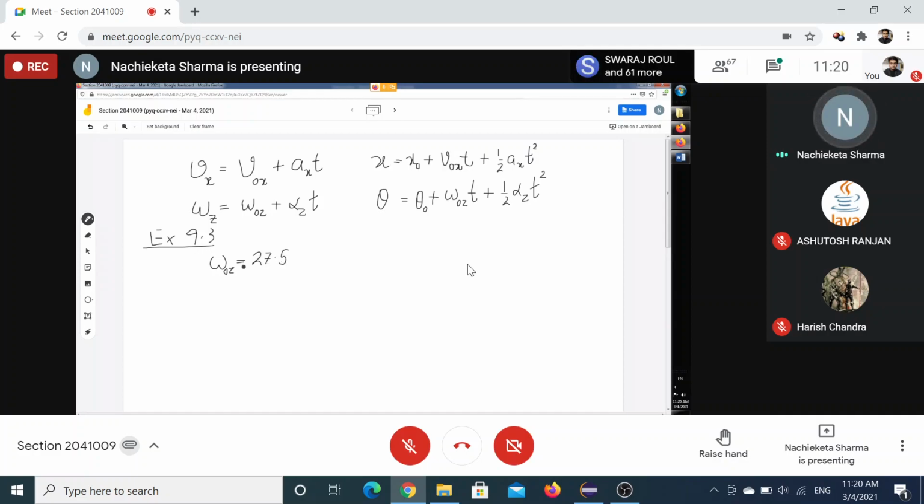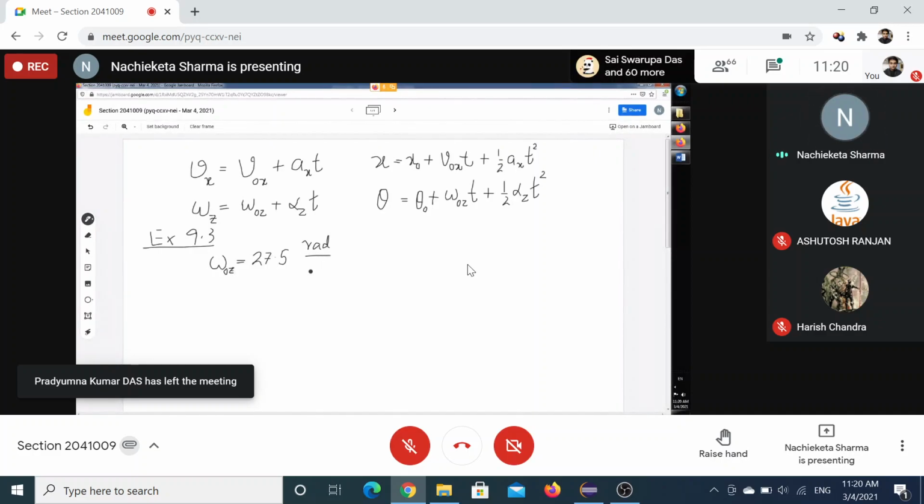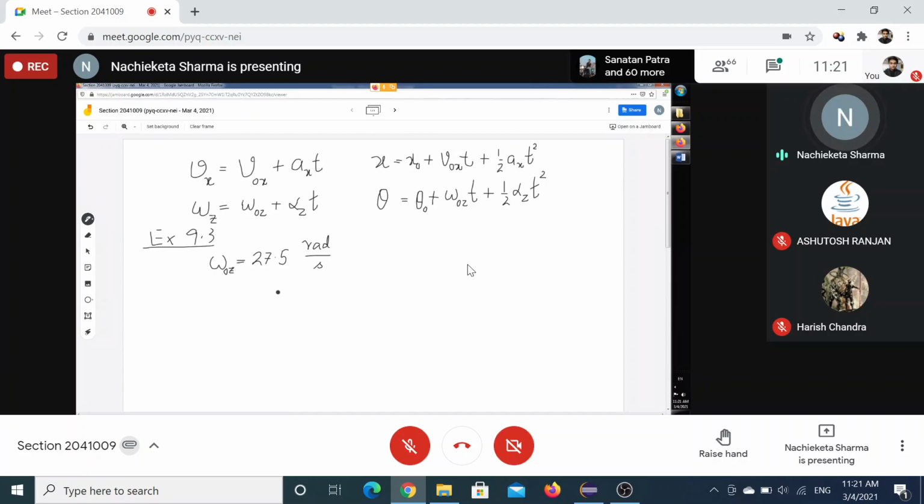This is the initial angular velocity of the disk, and its angular acceleration is a constant, given as alpha z is equal to minus 10 radian per second square.